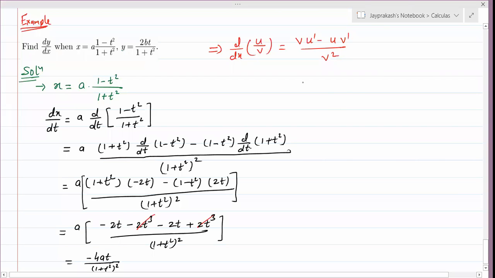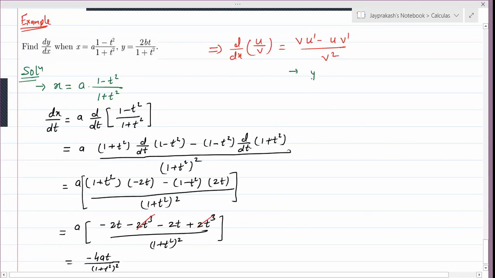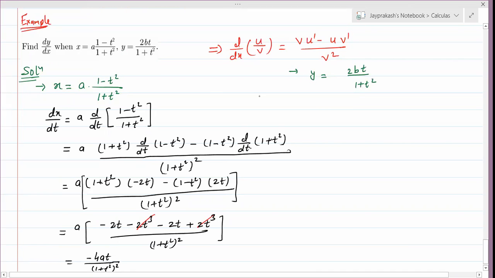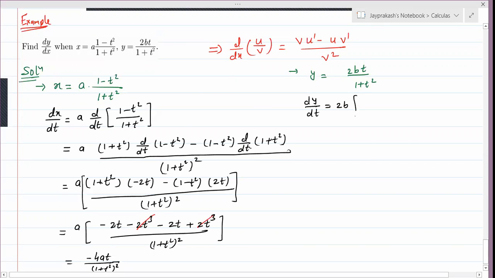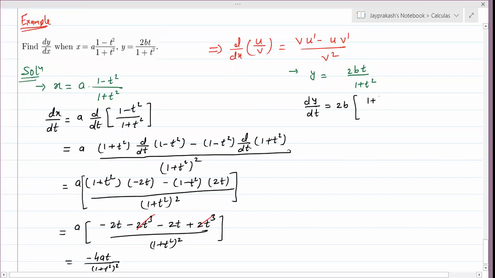Now in the same way, you have to find the value of dy by dt. So we have y equal to 2bt upon 1 plus t square. So when we are differentiating y with respect to t, we will write here 2b as a common. Then again the u by v formula.